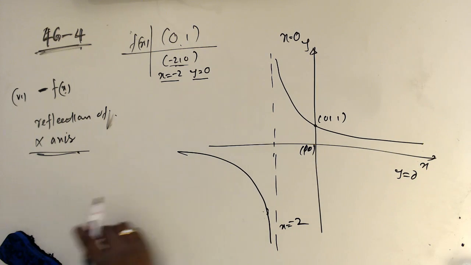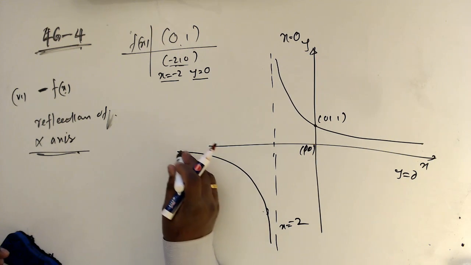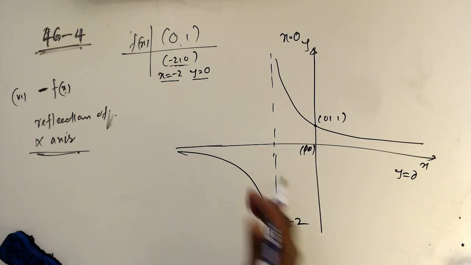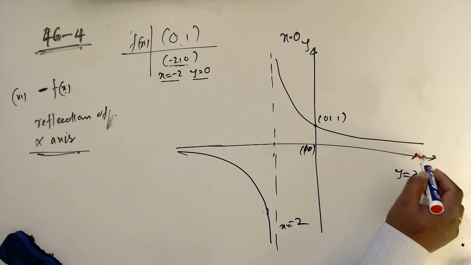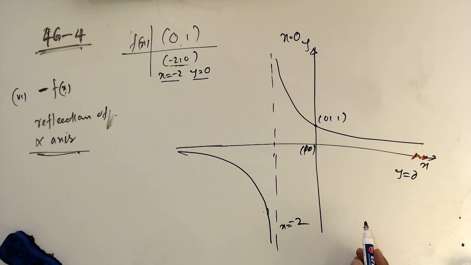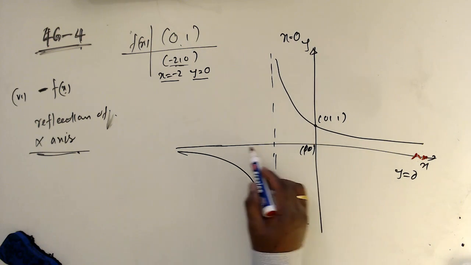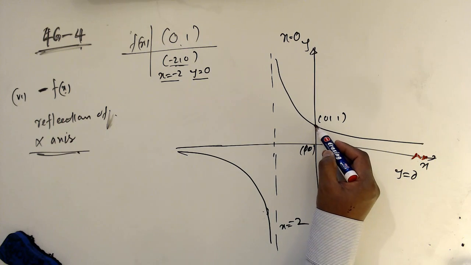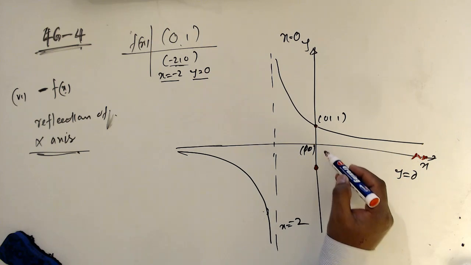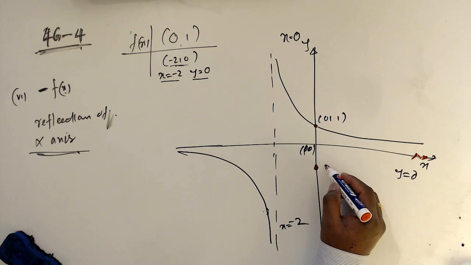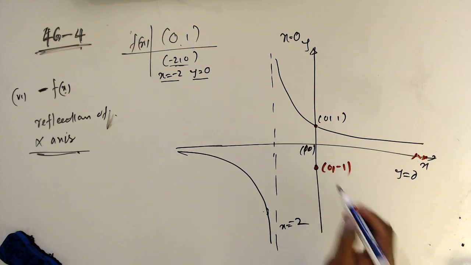Now this is the standard graph f(x). Now I'm going to use this x-axis as a mirror. Then if this is a mirror, this (0, 1) point is going to be here. This is going to be 0, and the y value becomes minus 1.